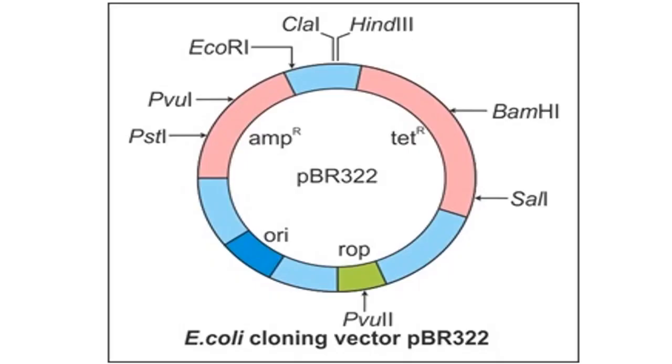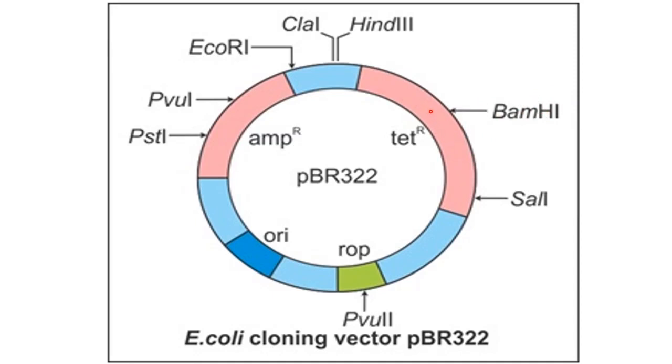This is a diagram of vector pBR322, and you can see all these features which we are discussing present in this cloning vector. This is the origin of replication, which is called ORI, and these are different recognition sites for different restriction enzymes. And here you can see the tetracycline resistance gene, and this is the ampicillin resistance gene, right? Now you can see BamHI is one enzyme which has a recognition site in the tetracycline resistance gene.